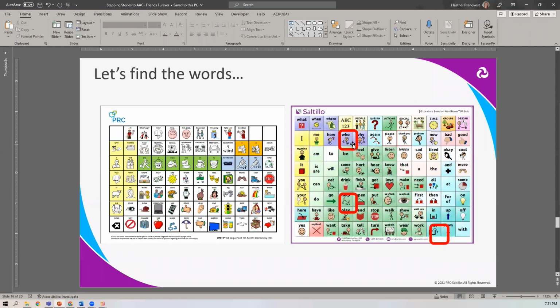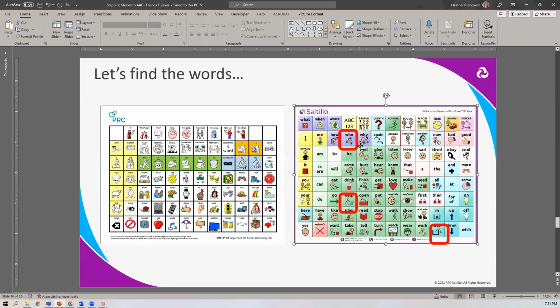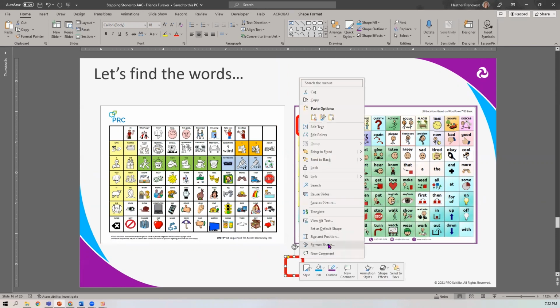The next thing then is to find on your low-tech board, on your device, where those words are, right? You can use highlighters, dry erase markers on your low-tech board.